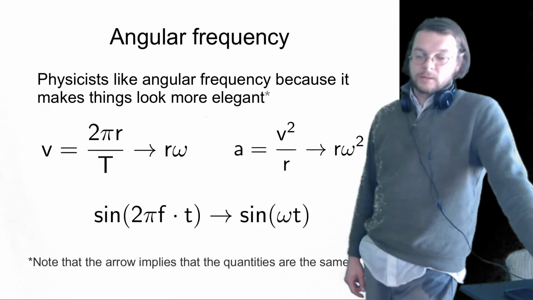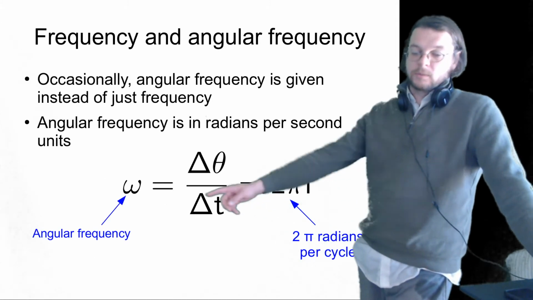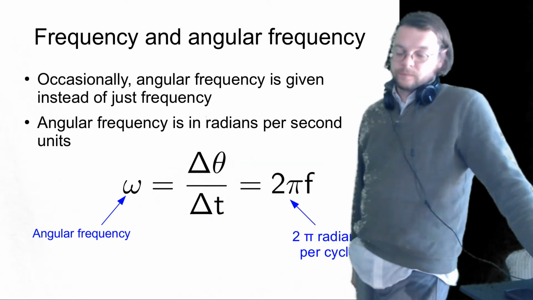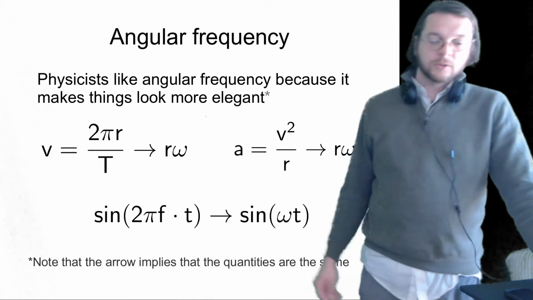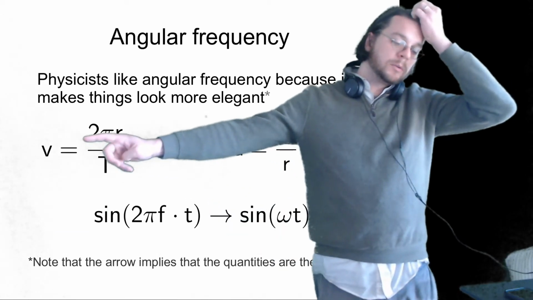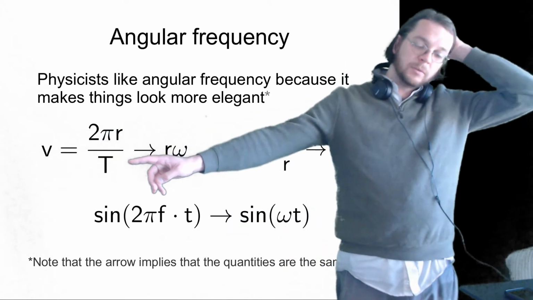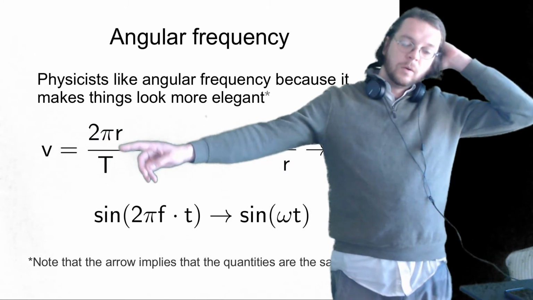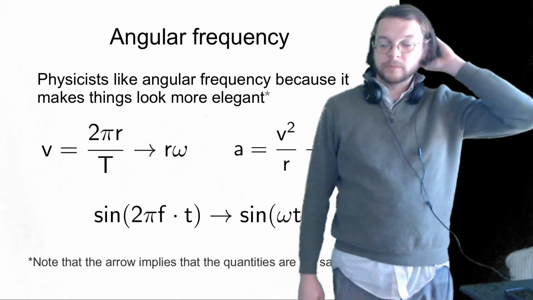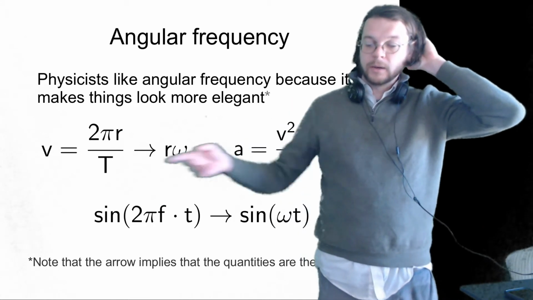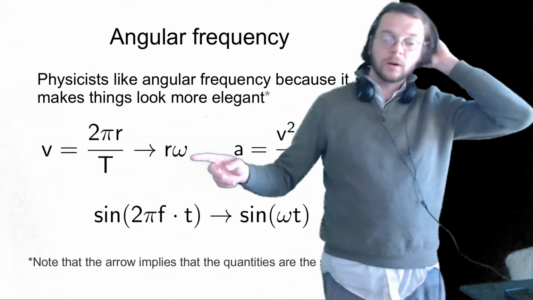Now, an interesting thing, and the reason that people like this symbol so much, is that if you look at what it does to some of the equations, for example, velocity equals 2 pi r over t, we talked about this one earlier. Well, 1 over t is the frequency, and then 2 pi times the frequency is omega, and so this turns into r omega.